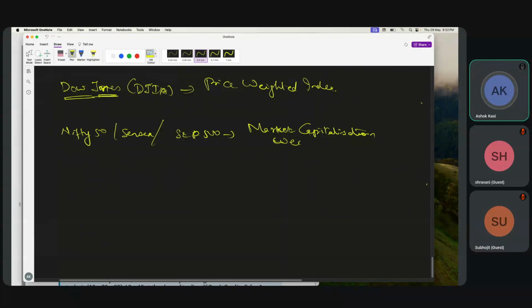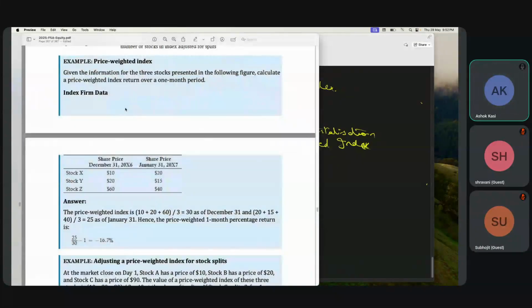Now let's focus on the price weighted index. How to calculate this index? Just go through this question.